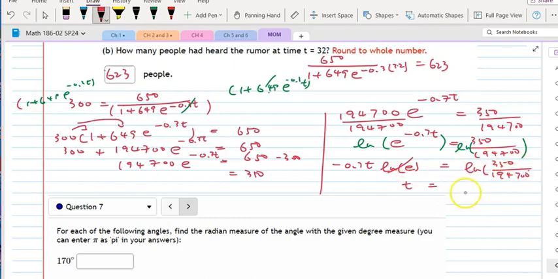So t would equal ln of 350 over 194700, divided by negative 0.7.